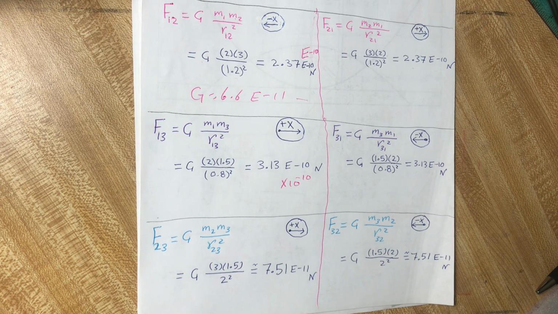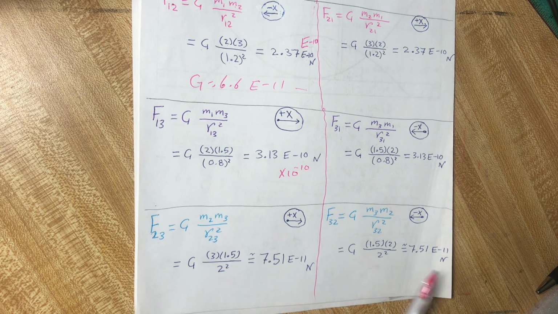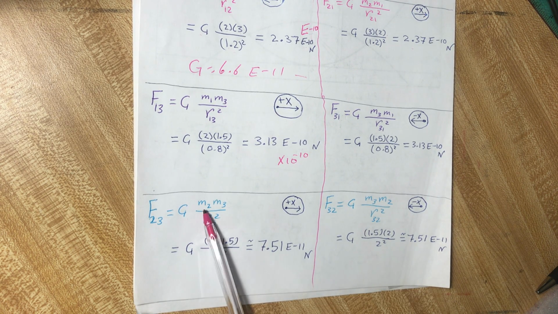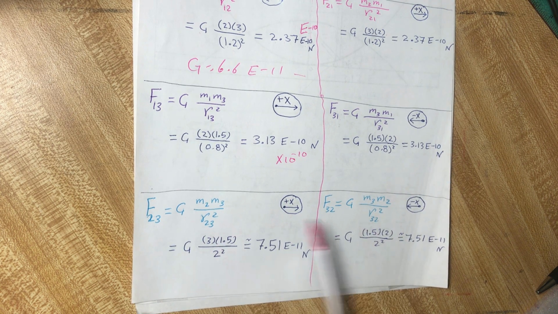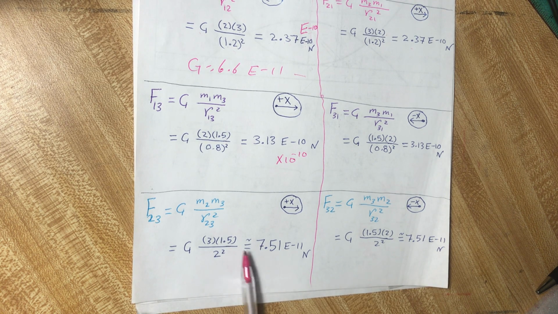Okay. Now the forces F2 on 3 and F3 on 2. We use the same G, which is a universal constant in our study, multiplied by m2, m3, the same distance.